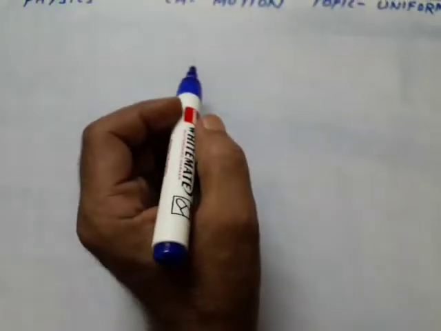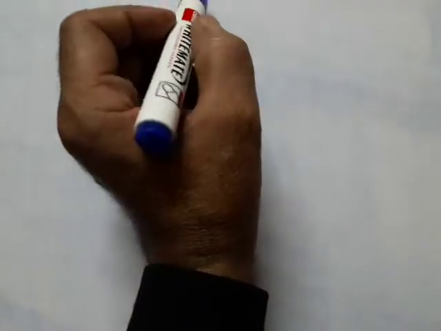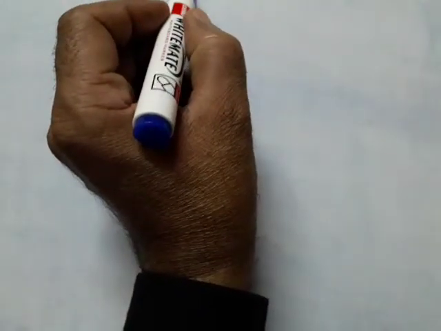Motion, uniform and non-uniform motion. To clear the concept about uniform and non-uniform motion, I would like to prepare a map. First of all, motion.